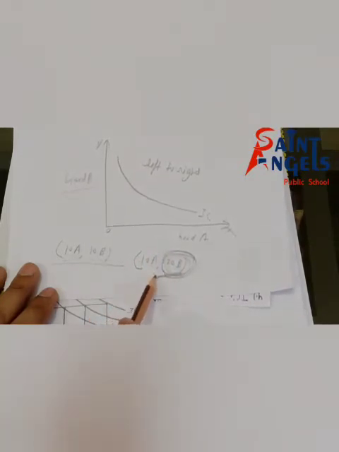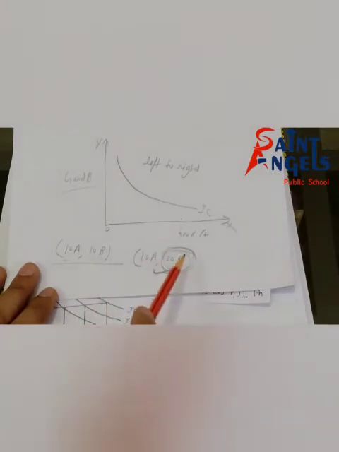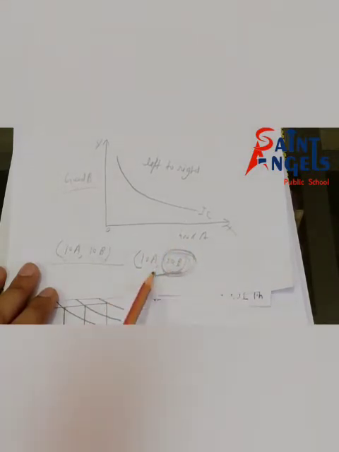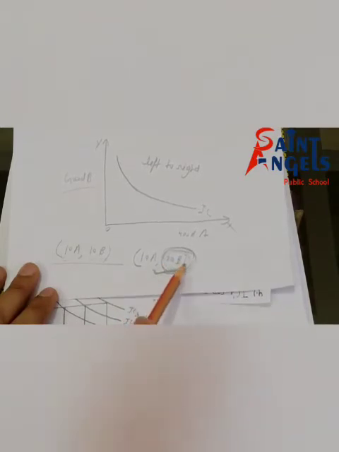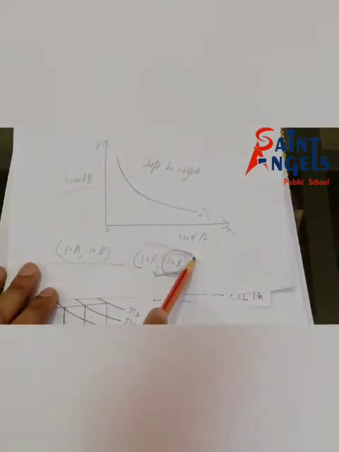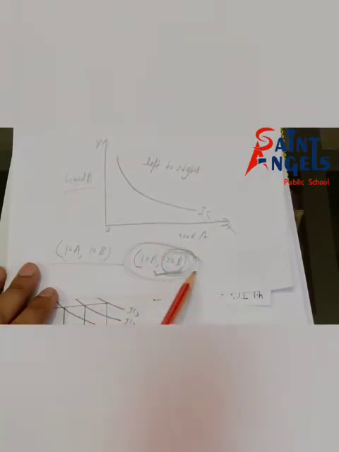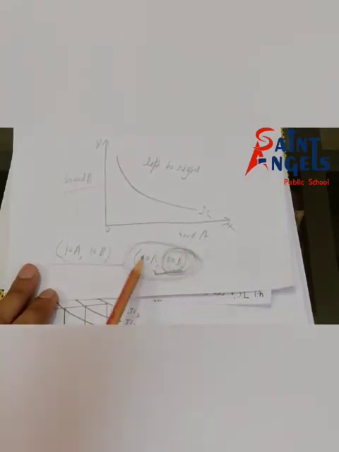If you prefer the bundle which consists of more quantity of either one good or both goods, that process will be called monotonic preference. I hope all of you have understood.